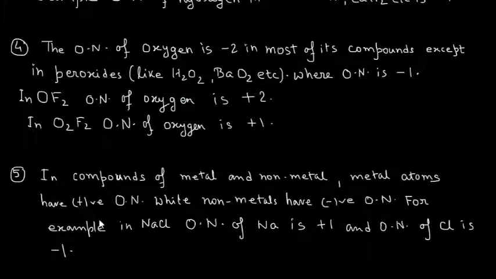Rule number 5: in compounds of metals and non-metals, metal atoms have positive oxidation number while non-metals have negative oxidation number. For example, in NaCl, the oxidation number of Na is +1 and the oxidation number of Cl is -1.